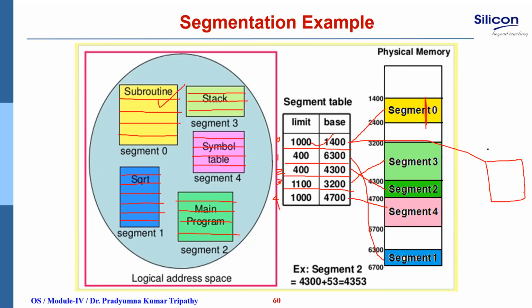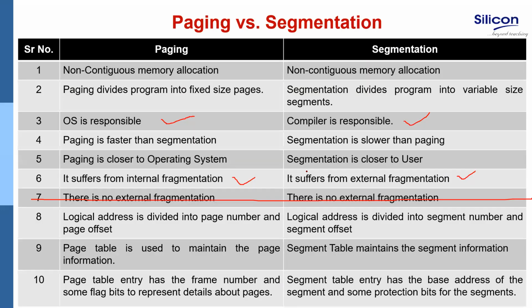I may have a page map table for this segment 0, and for this one I may have another table, PMT 1. Therefore, for every segment, I will have a separate page map table. So what we have done is paged each of the segments. So we say segmentation with paging.